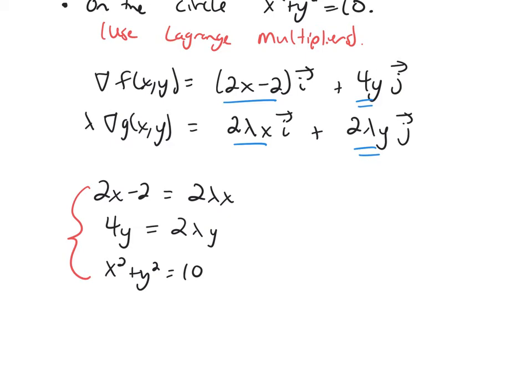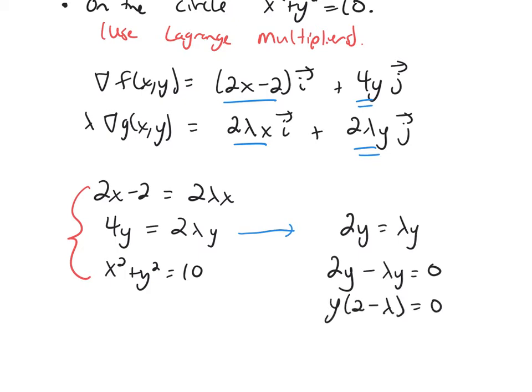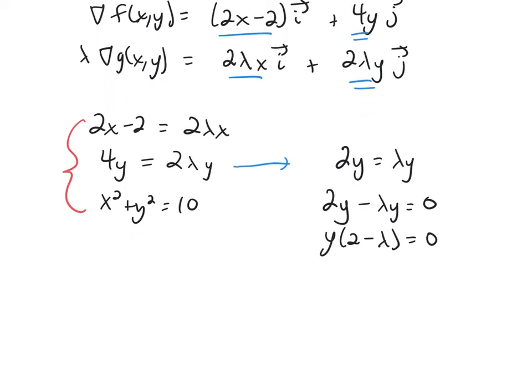Let me divide by 2 first, so you'll get 2y equals lambda y. Move all your terms over to one side, and if you factor out a y, either y is 0 or lambda is equal to 2.